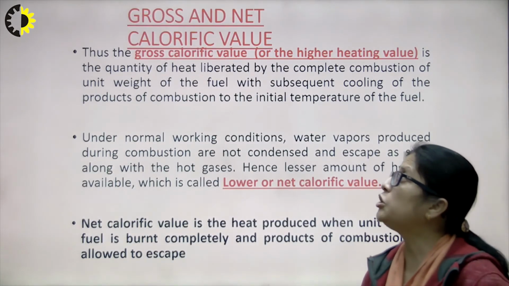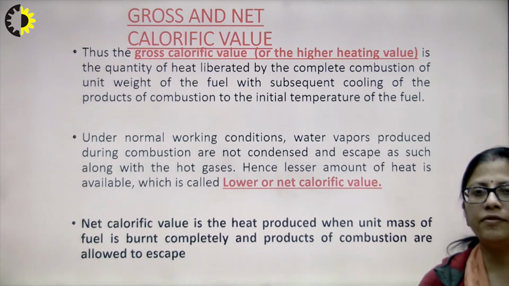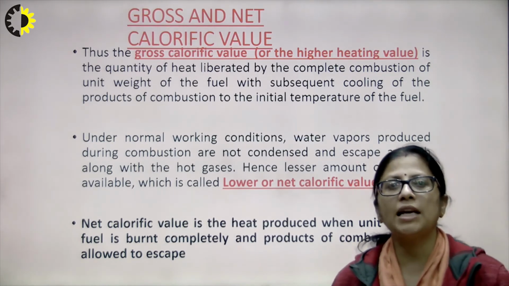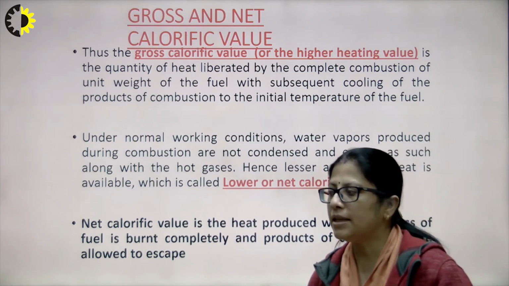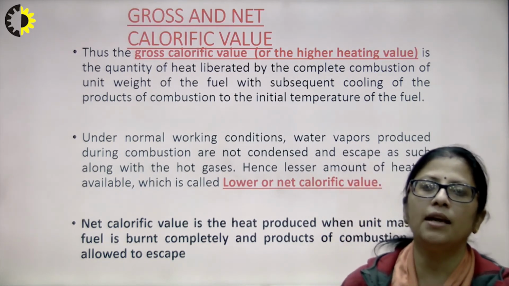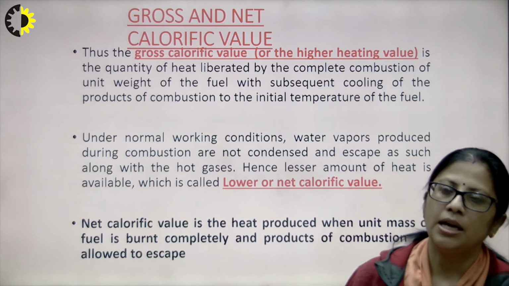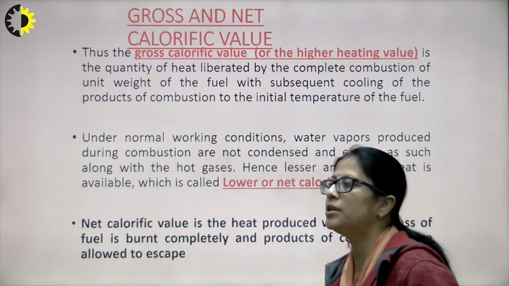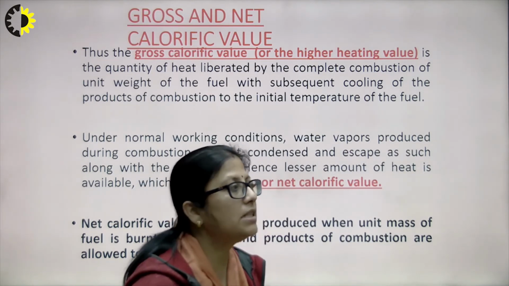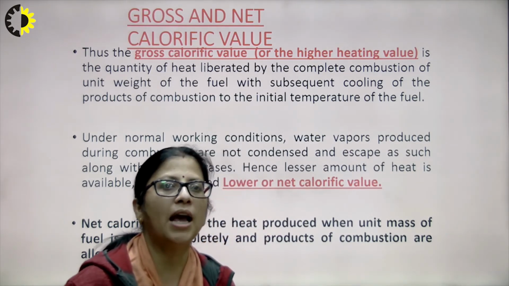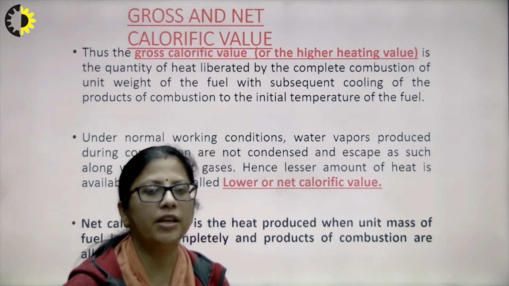Now, coming to the gross and net calorific values. We have two types of calorific values which we determine in the fuel: the higher calorific value and the lower calorific value. The higher calorific value is also known as the gross calorific value, and the lower calorific value is known as the net calorific value.